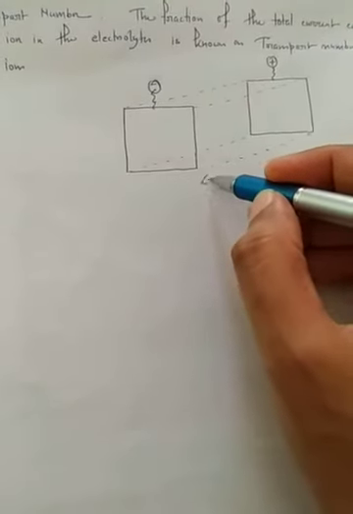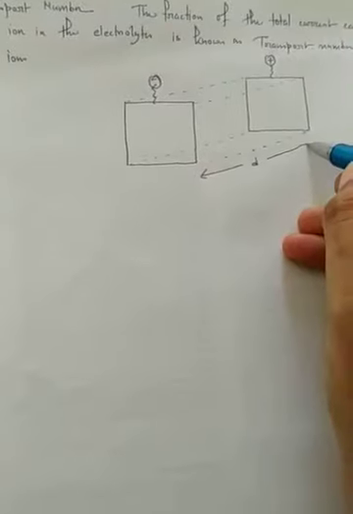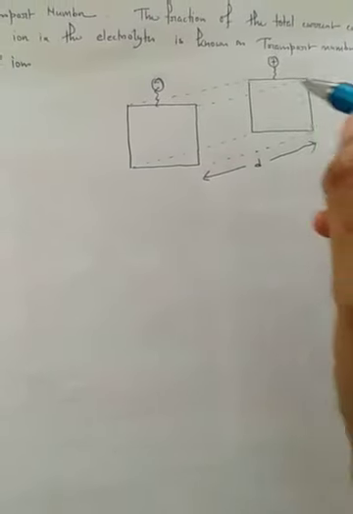Suppose the distance between these two electrodes is represented by small d.